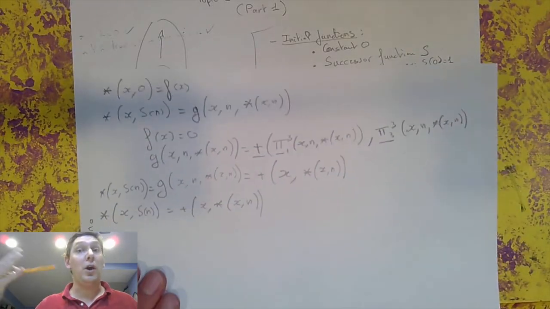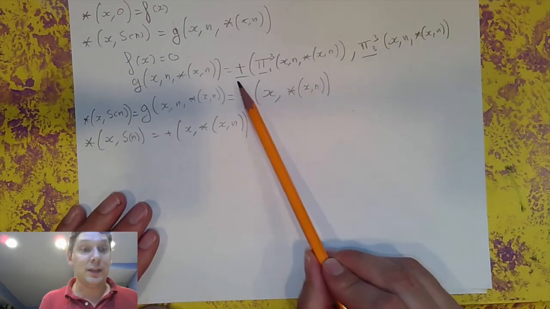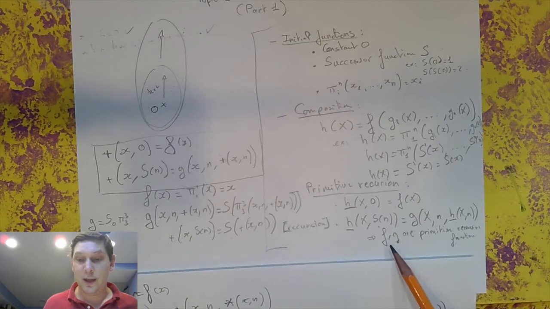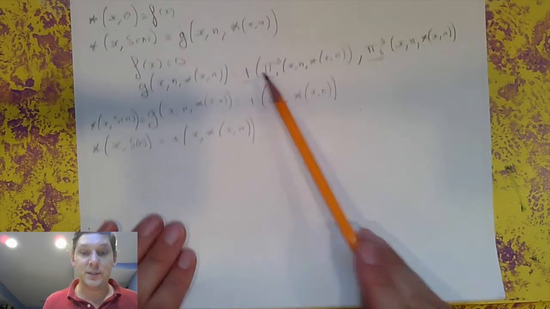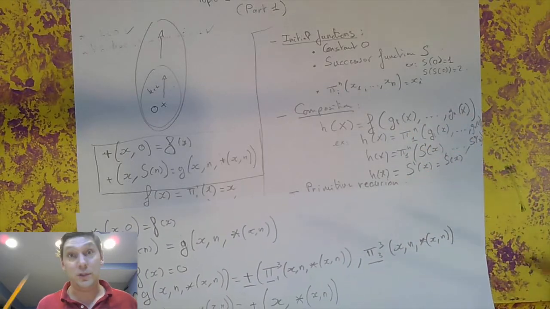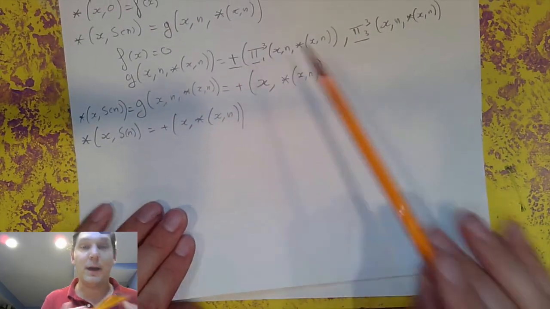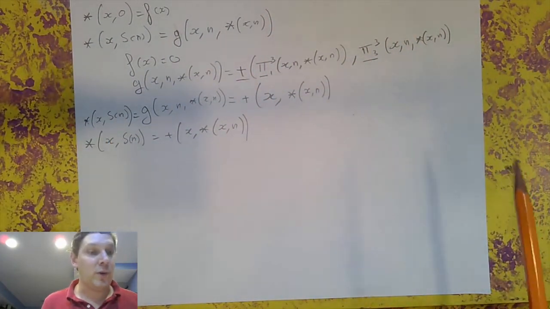So I can build upon that, right? Plus has been defined, so now I can use it. My only conditions here, f and g, are primitive recursive functions. So I'm composing plus because the composition of primitive recursive functions is a primitive recursive function. So I'm fine. I'm still in the correct definition.